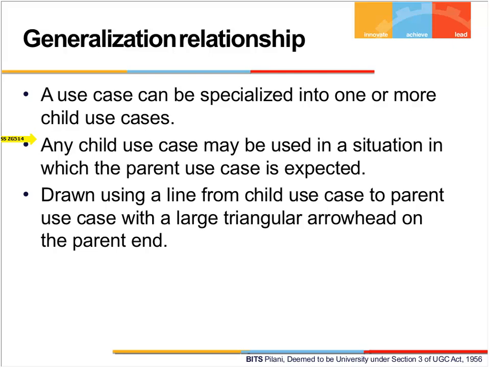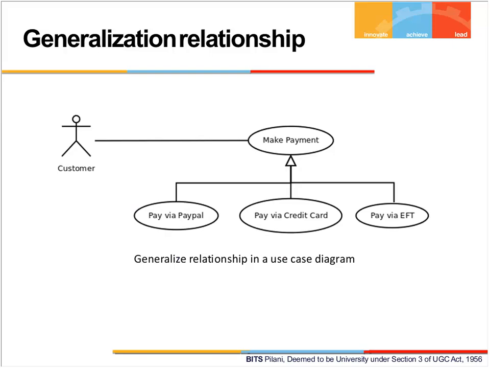I'll give you an example. This is the example of a generalization relationship in a use case diagram. You have a use case make payment. It's obvious that the user will make payment either through use case 1, 2 or 3. That means one of these 3 child use cases will be used instead of this make payment.